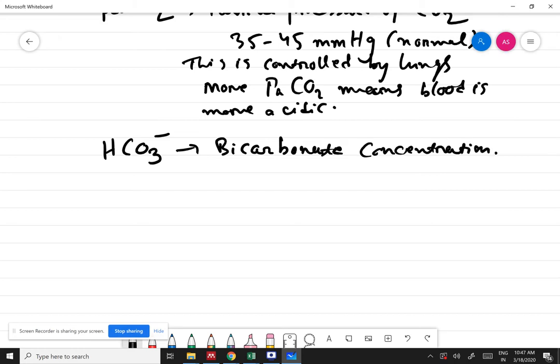The normal values are between 22 to 26 millimolars per liter. Okay, that is the normal range of bicarbonate.